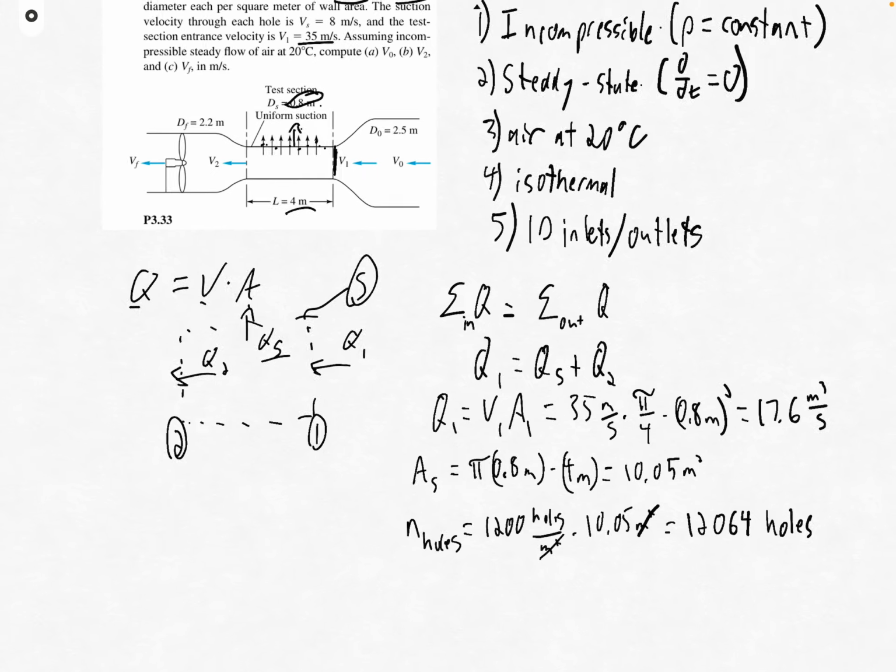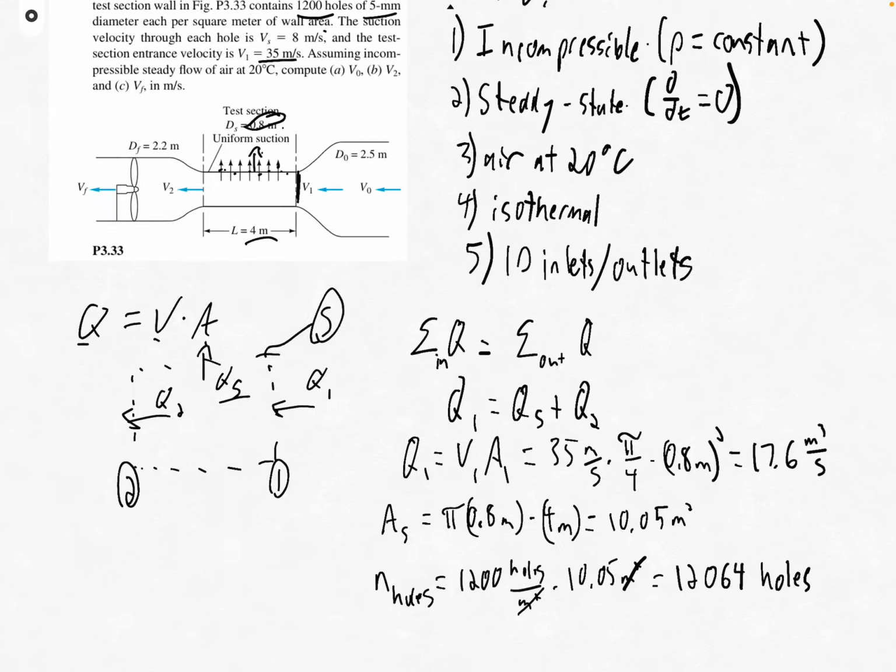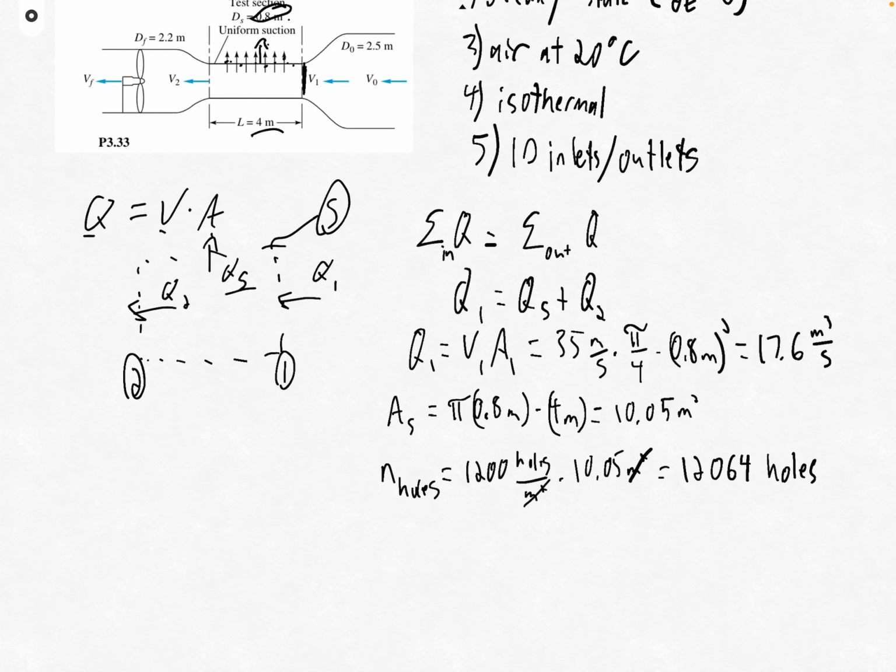And now we're also given that those holes are each 5 millimeter in diameter, and the suction velocity through each hole is 8 meters per second. That's a relatively high suction velocity through those holes. And so we're going to get that our flux that's leaving out through this control volume, QS, is equal to 12,064, the number of holes, times now the flow rate per hole.